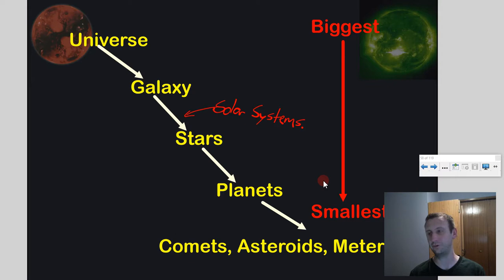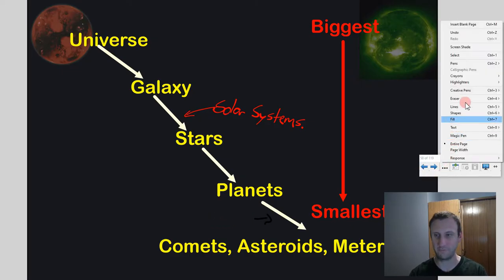A solar system includes a star, and whatever planets are revolving around or orbiting that star. And then we have the stars themselves. Finally, we have planets getting even smaller, and then things like moons and comets and asteroids and meteors below that.